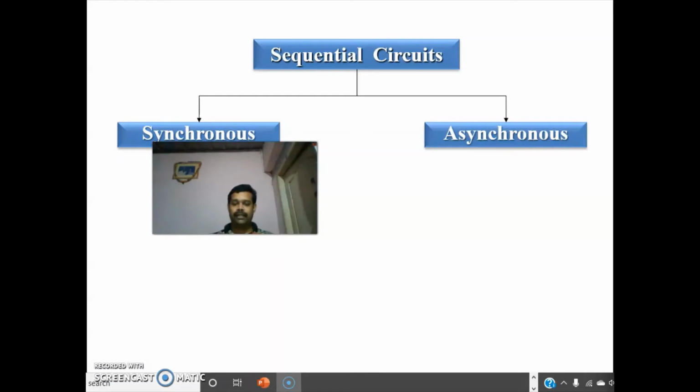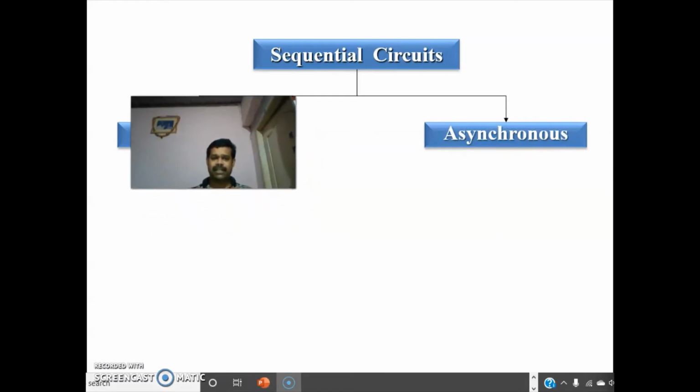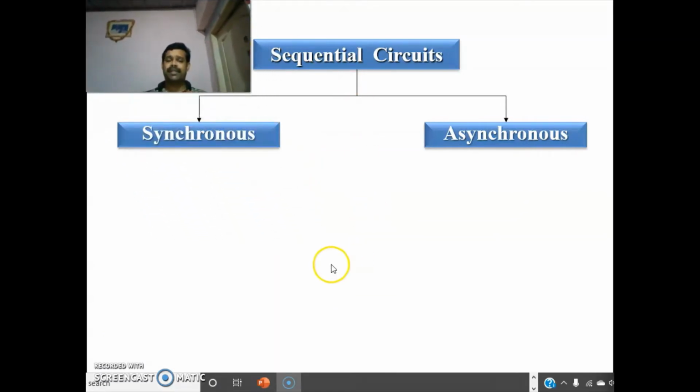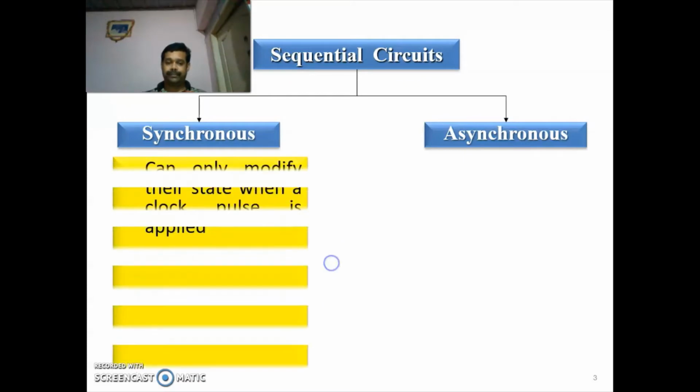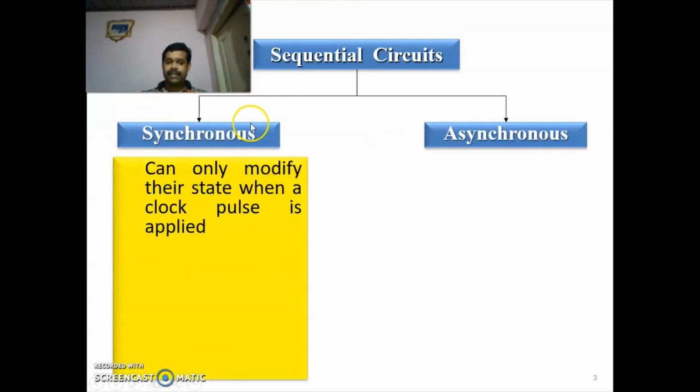Now, in sequential circuit, there are two types. One is synchronous sequential circuit and the next one is the asynchronous sequential circuit. In synchronous sequential circuit, the circuit can modify its state only when a clock pulse is applied.